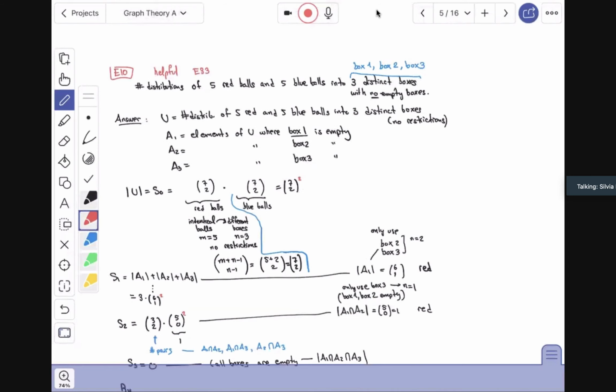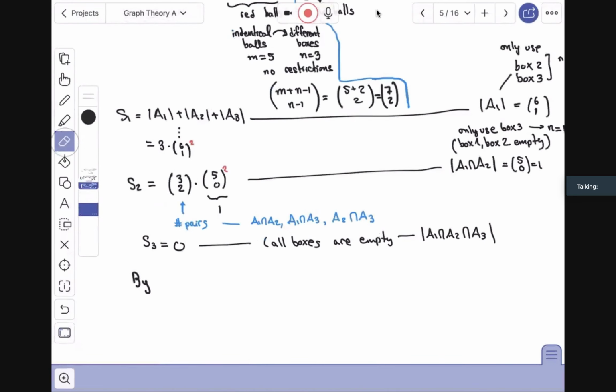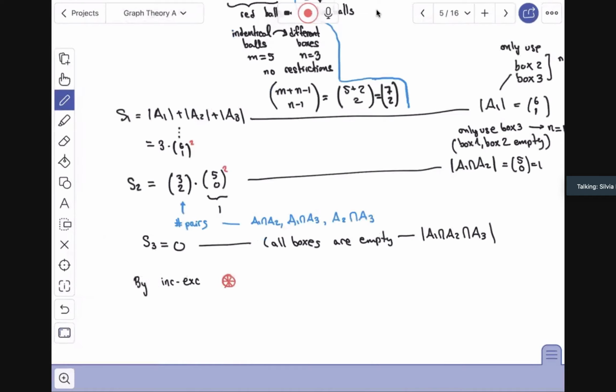Let me do the same, just to avoid a little bit of writing. So if that's what I'm counting, I can complete my solution saying by the inclusion exclusion principle, this is equal to S0 minus S1 plus S2 minus S3.